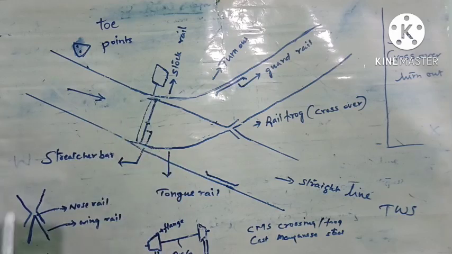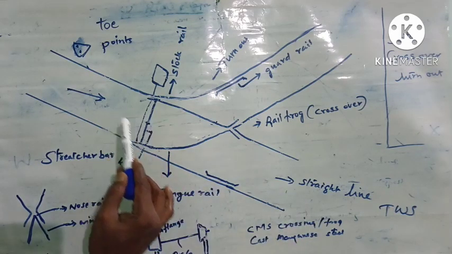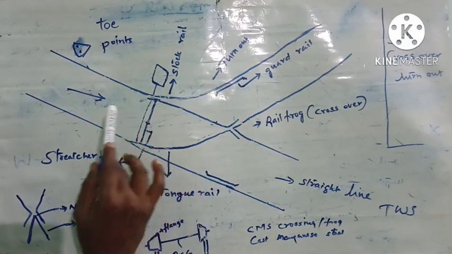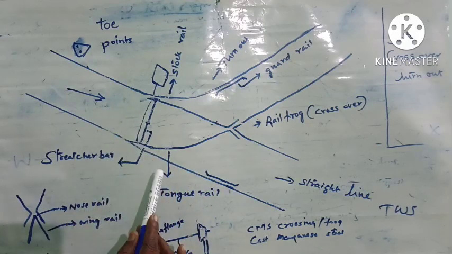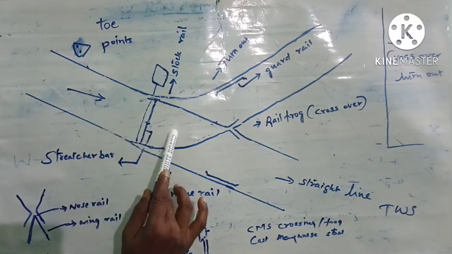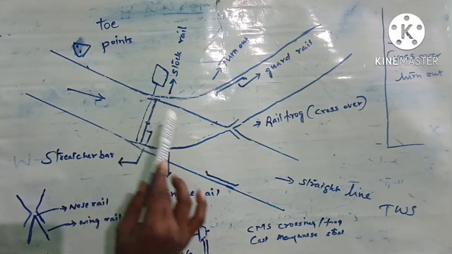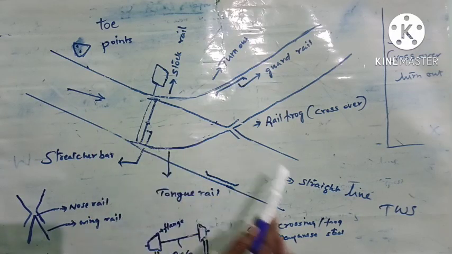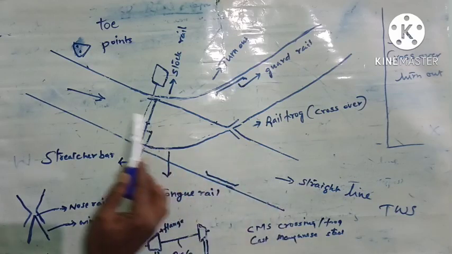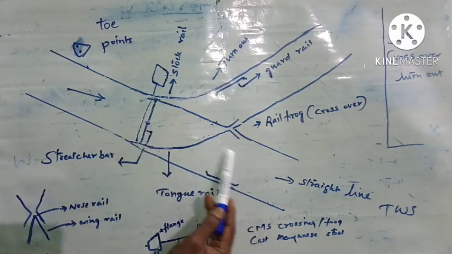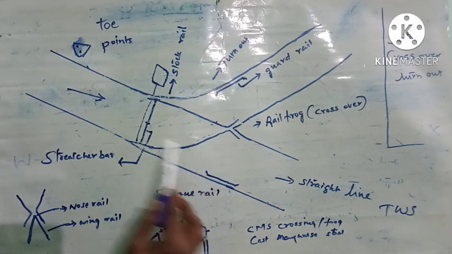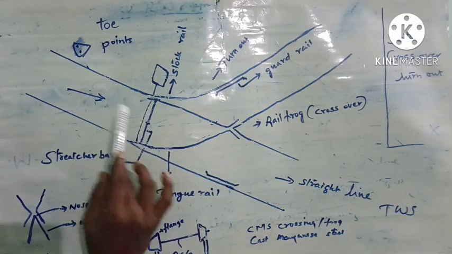Both the tongue rails will be damaged. So in the trailing direction, there is no chance for the train to derail. That is the difference. In the facing direction, if the points are not set properly, there is a chance for derailment. Whereas in the trailing direction, if the points are not set properly, or are set for the other line, still there will not be any derailment.